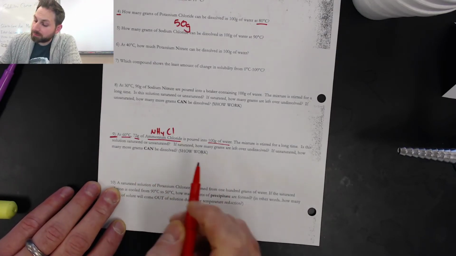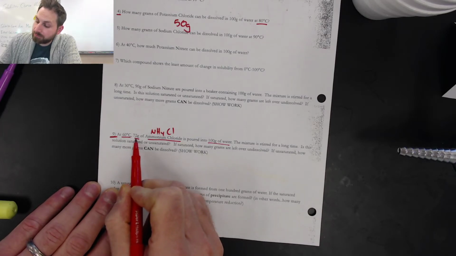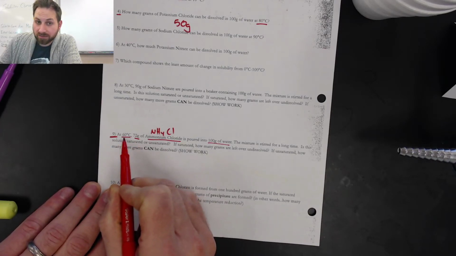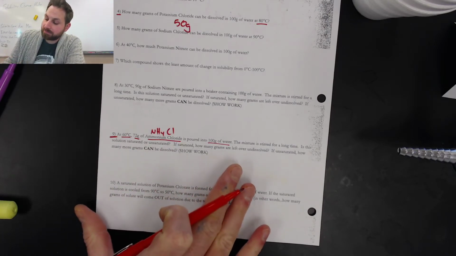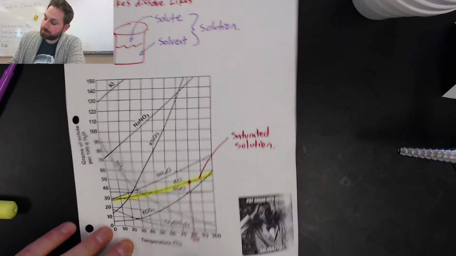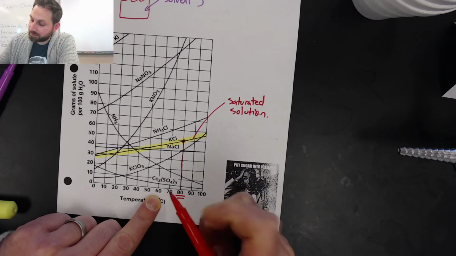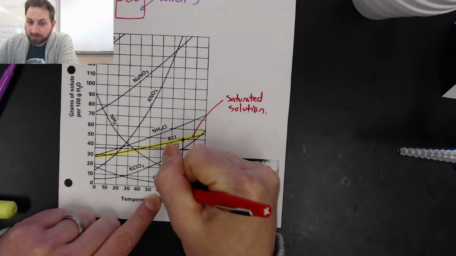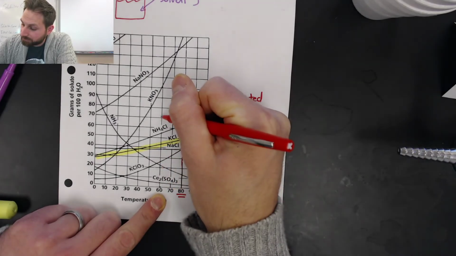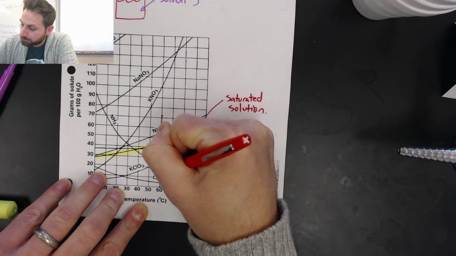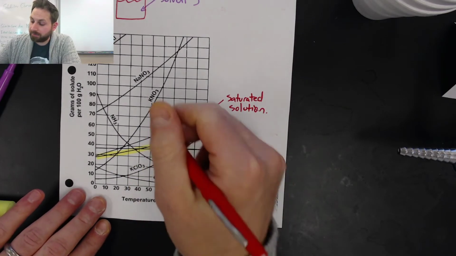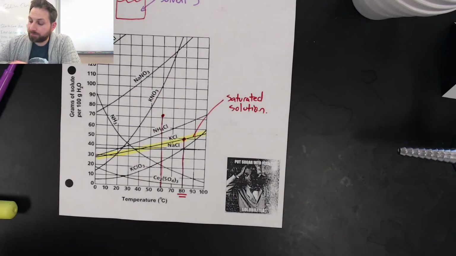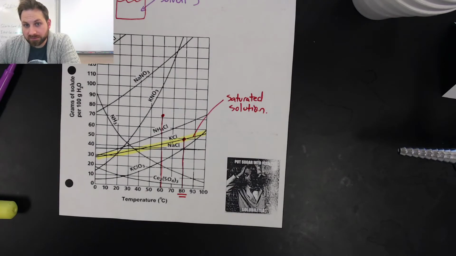So you go to the front, you find 72 grams, you find your 60 degrees Celsius, and you see where those lines connect. 72 grams, 60 degrees Celsius. And you look at your NH4Cl line. We are above the NH4Cl line.